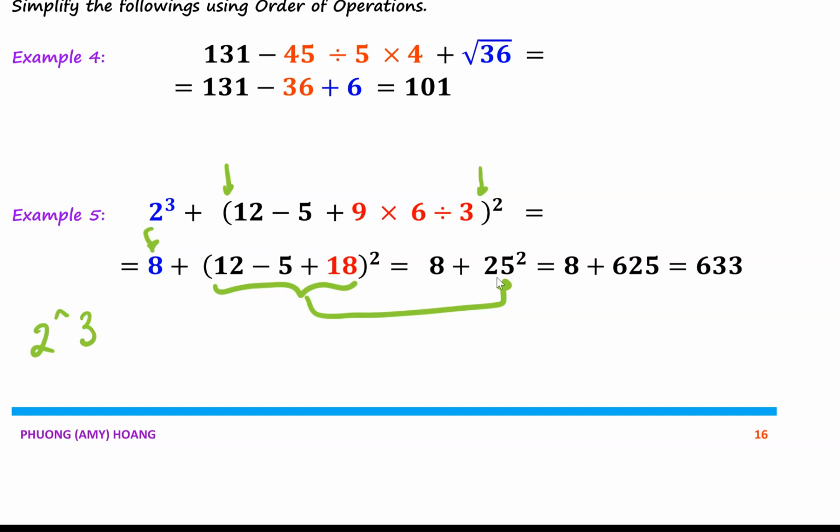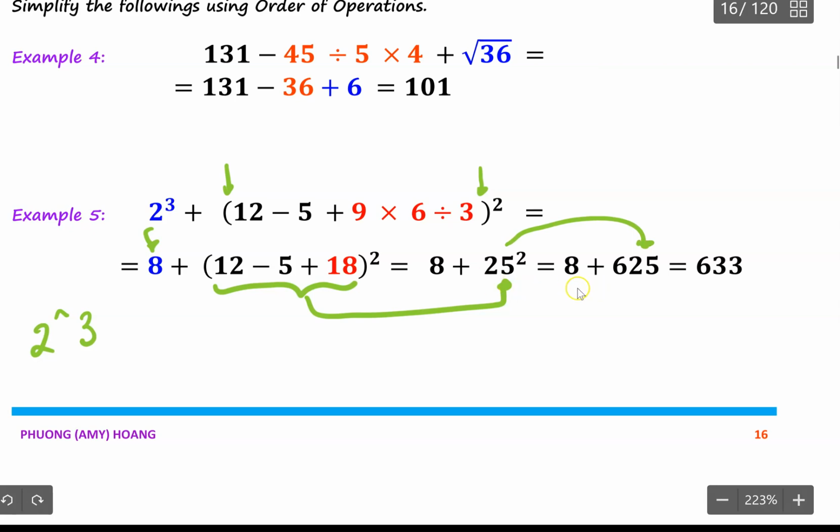Now you have performed the brackets, and the next step is to raise the 25 to the exponent 2 before you can add that with the number 8, because in this case, you have to perform the exponents first before you can perform the addition. So 25 squared turns to 625.